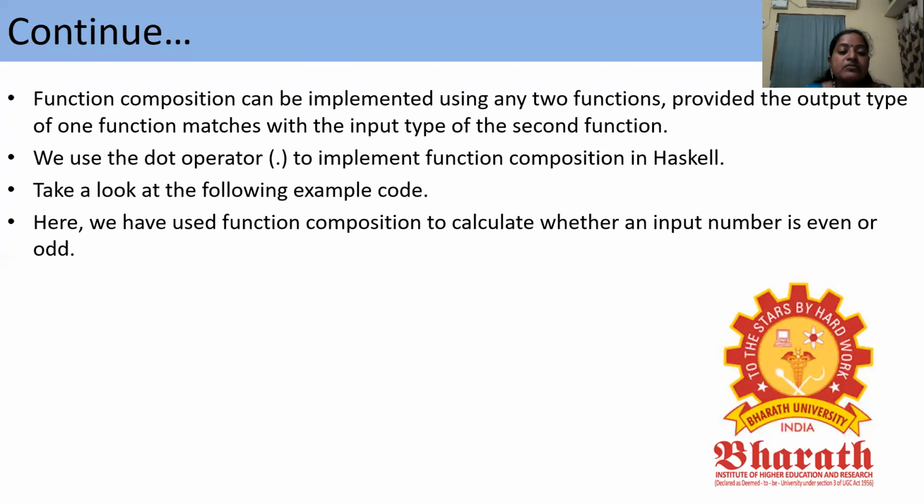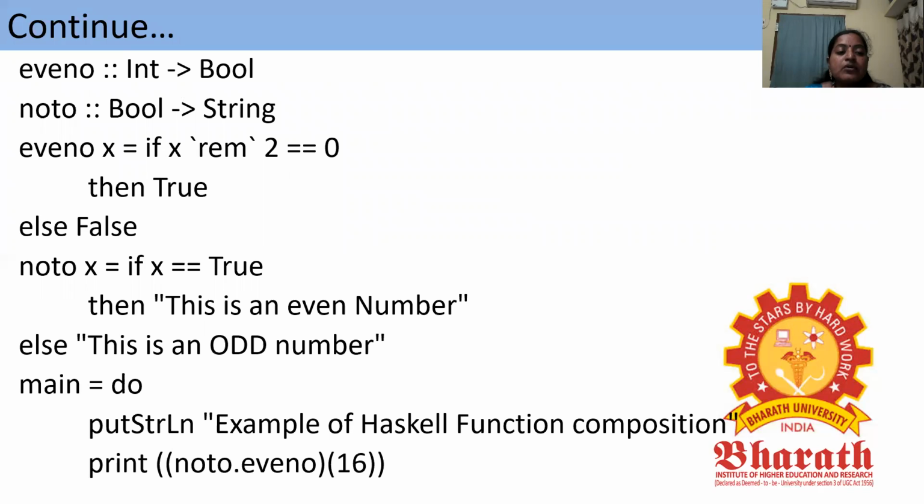Take a look at the following example. Here we have used function composition to calculate whether an input number is even or odd. evenNumber :: Int -> Bool. So the input will be in the form of Int and the output is in the form of Bool. Then there is a not function from Bool to Bool. evenNumber x = if x `rem` 2 == 0 then True else False.